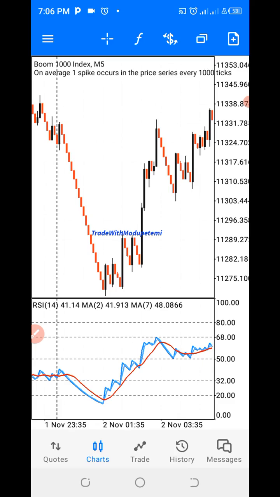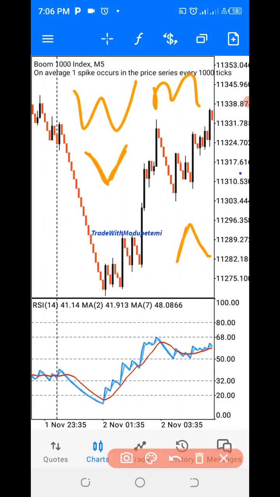So the patterns we are talking about are just two, and we can call it four, because we have the bullish version and the bearish version of each. Ideally, there are two patterns that I've seen work perfectly on Boom and Crash.